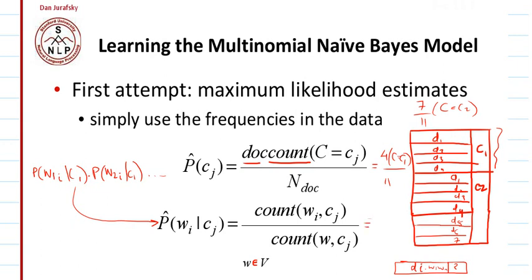So this is actually, if the count of w1 is equal to count of w1 comma c1 divided by count of vocabulary that is present in cj, that is comma c1. So that is equal to w1 count, suppose 20 in this class c1, divided by the total number of words that are present, suppose 100. So we get the probability as 1 by 5.